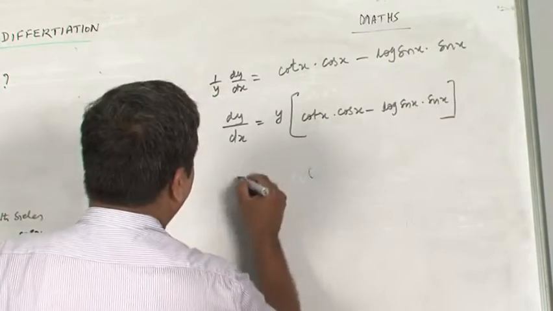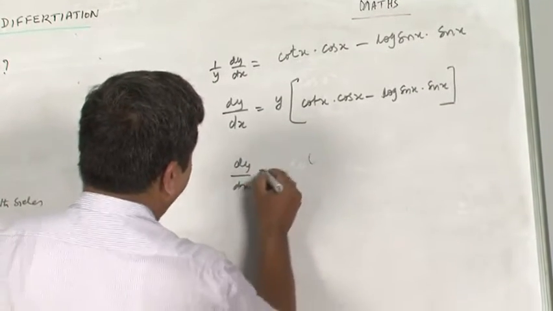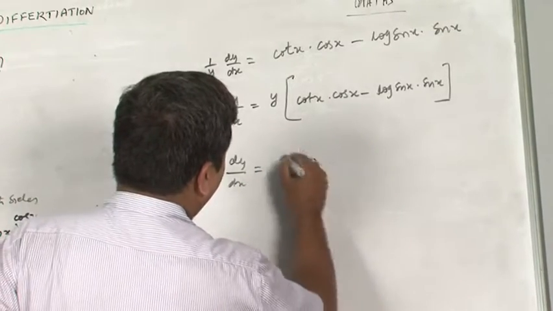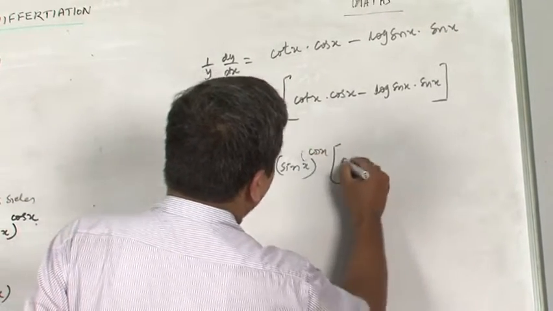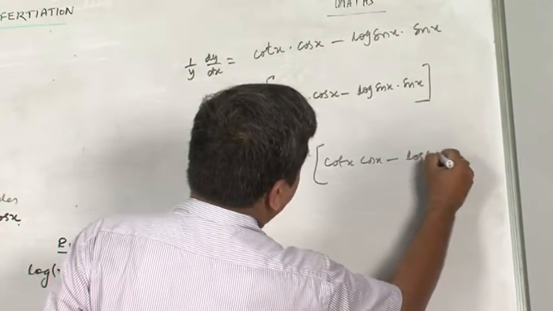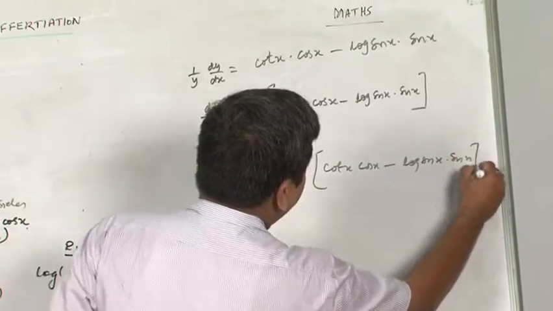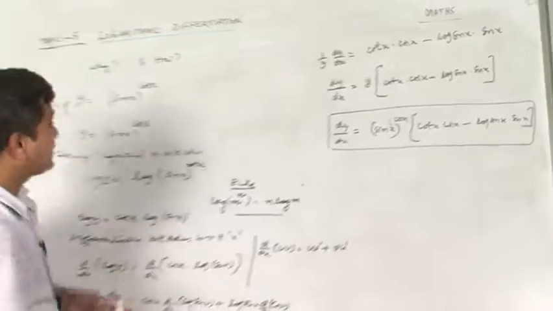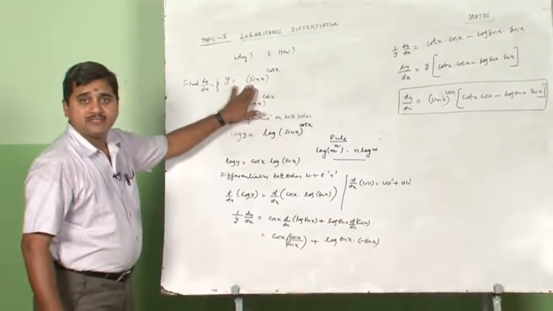Replacing y by its earlier function, sin x to the power of cos x, into cot x cos x minus log sin x into sin x. This is the result of the problem for the dy by dx here.